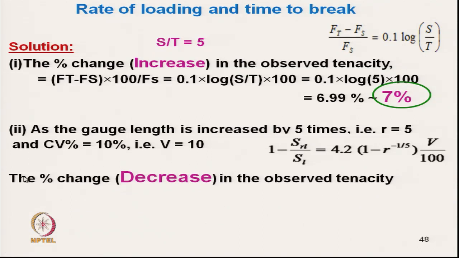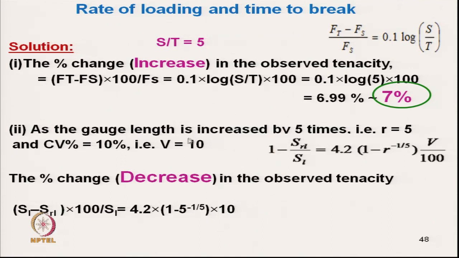So, the percentage change here will be a decrease, because S_RL is less than S_L. The percent decrease in observed tenacity will be (S_L minus S_RL) by S_L multiplied by 100. This 100 will come to the left hand side, then 4.2 times (1 minus 5 to the power minus 1.5 multiplied by 10 by 100).